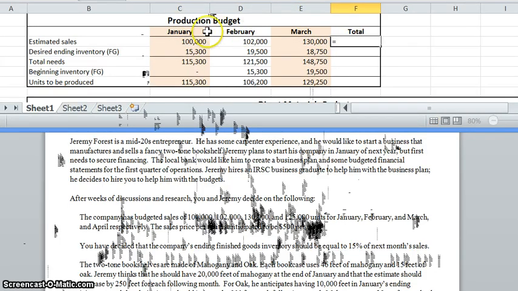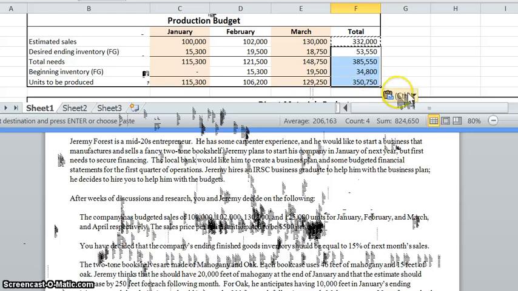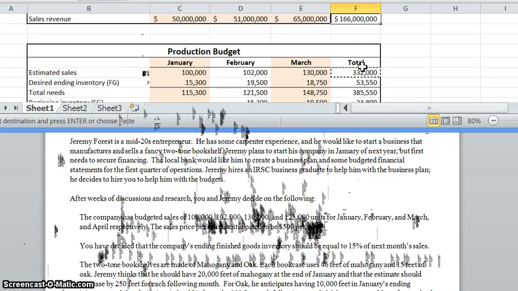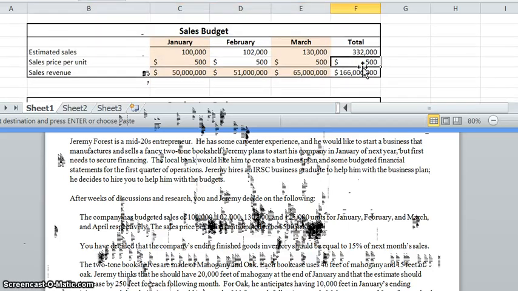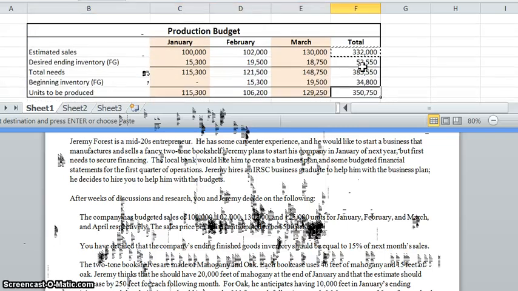Oh good, my sum's not working. And then that will give us the basic information that we need to find our total column. Notice that for this one, we don't have to do anything like we did before with the sales price and the sales budget, and basically only grab the $500 per, because we are working out the math for this total.